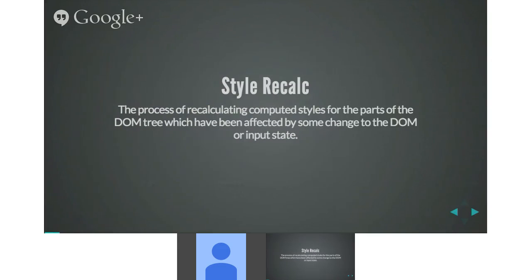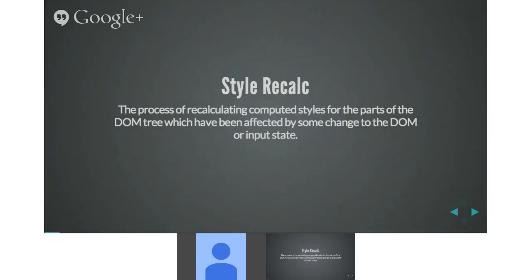So what is style recalc? When you load a page, the first time you attach the render tree, you have to calculate the style for every node that needs a render object. But then afterwards, when the user starts interacting with the page, the computed styles or the render style will have to be recalculated when the DOM mutates, when you change attributes.